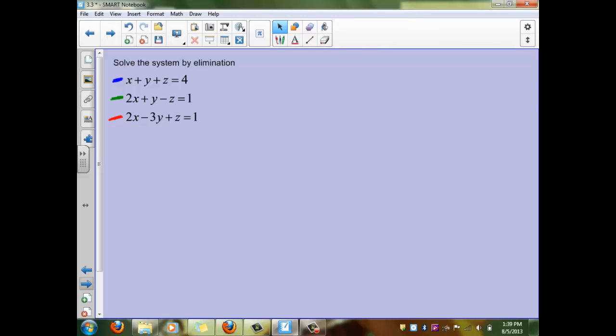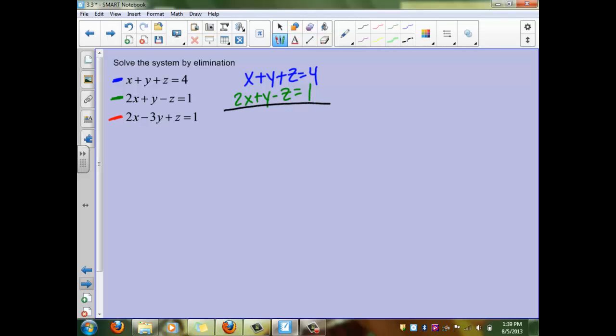So let's just go with the first two. So if we do x plus y plus z equals 4, and the second one, notice if we go ahead and add these up, we get 3x plus 2y equals 5.